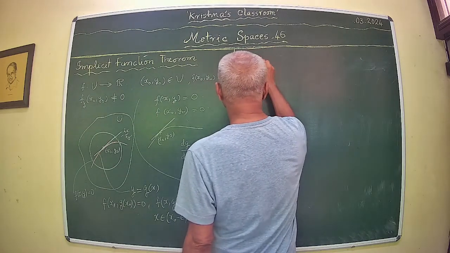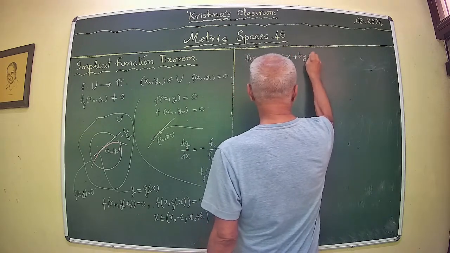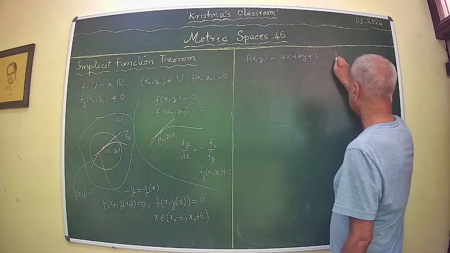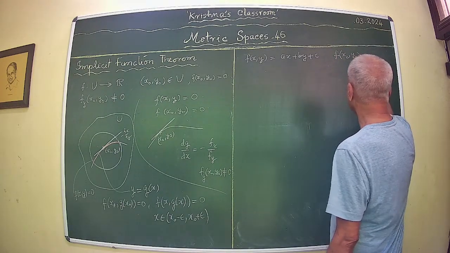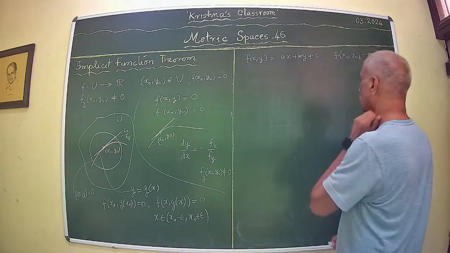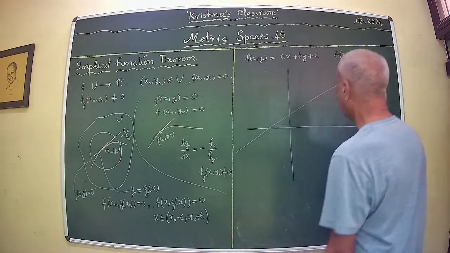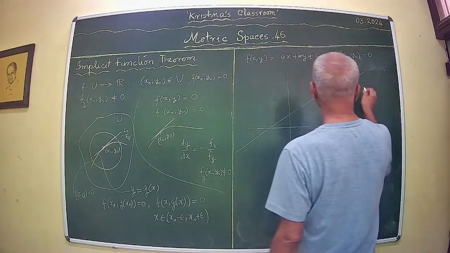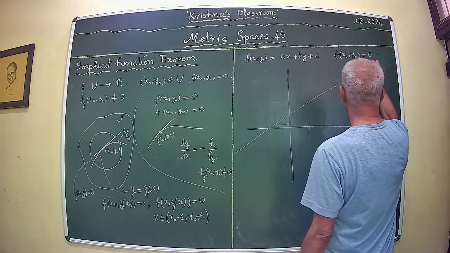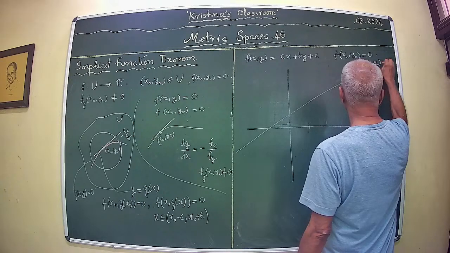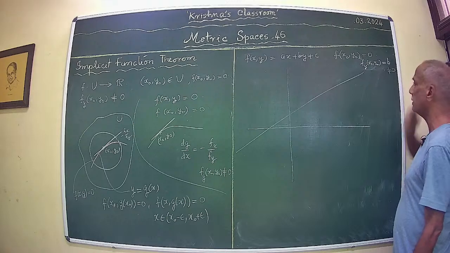Suppose f of xy equals ax plus by plus c, and we take a point x naught y naught such that this is equal to 0, and what we have assumed is that fy is not equal to 0. This is equal to b, which is not equal to 0. So you are assuming b is not equal to 0.